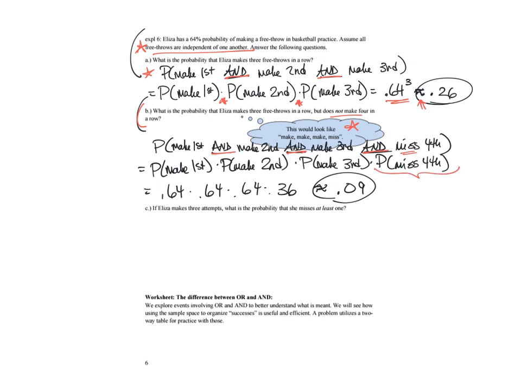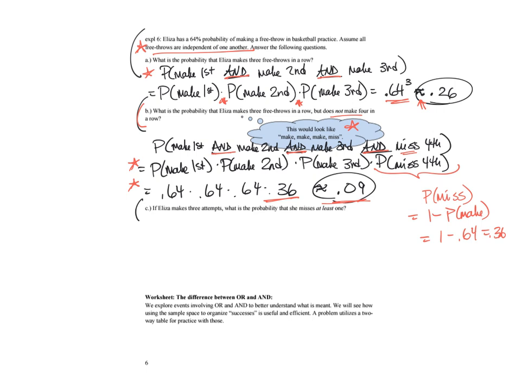Remember, to find the probability that she misses, that's 1 minus the probability that she makes it. And so that is why I got 0.36 in that spot. Again, because of the independence between events, I can multiply those probabilities, and I do that. And of course, I'm rounding it, and I got approximately 0.09.